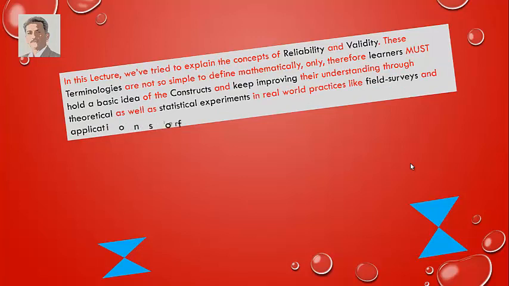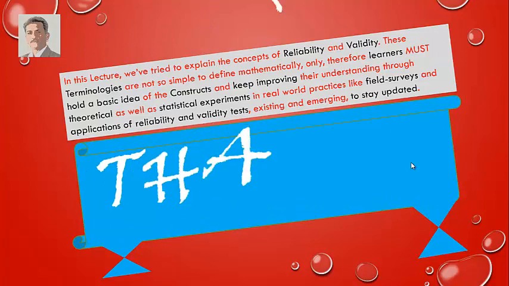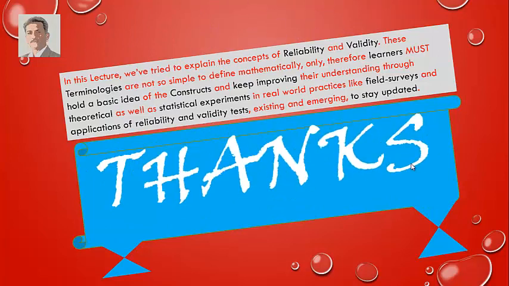Therefore, learners must hold a basic idea of the constructs and keep improving their understanding through theoretical as well as statistical experiments in real-world practices like field surveys and applications of reliability and validity tests which are existing, and which are coming with the technology, because the experts are continuously working on these things. So in this way, the social researchers will stay updated if they keep in touch with the market, with the practical technology.